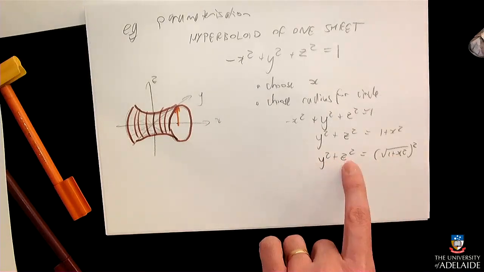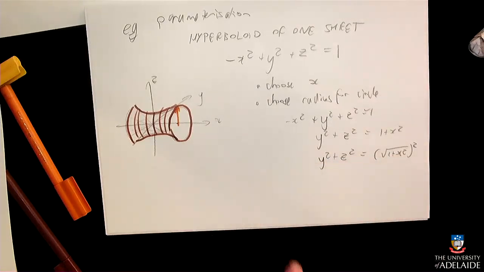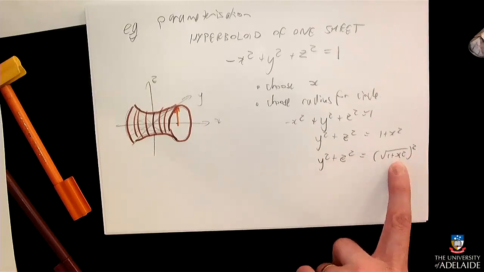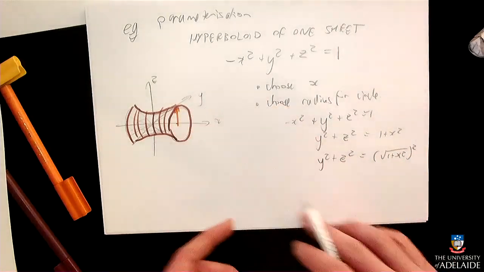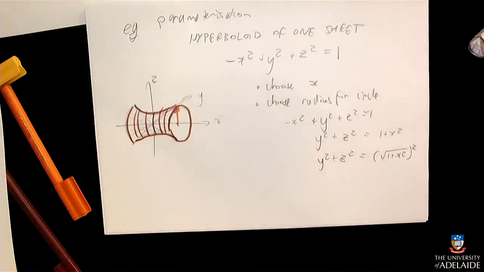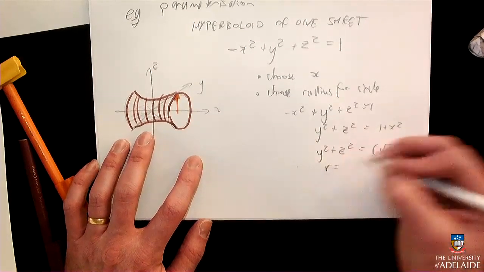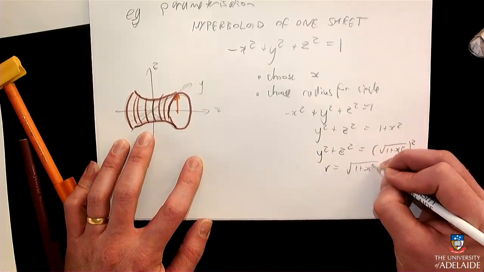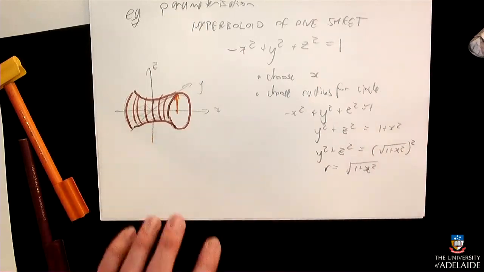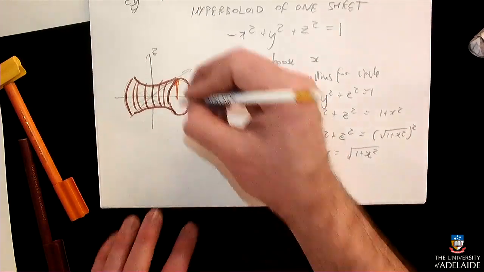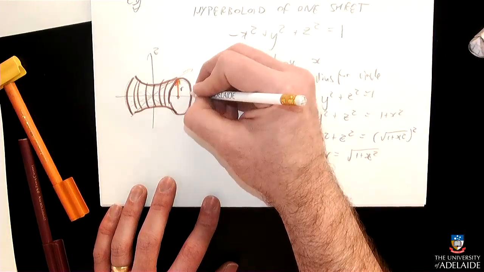Normally in a plane it would be x squared plus y squared equals radius squared. But mine is in the yz direction, so it's y squared plus z squared equals radius squared. So the r is going to be root 1 plus x squared. Beautiful. And then I'm going to choose the position around the circle.